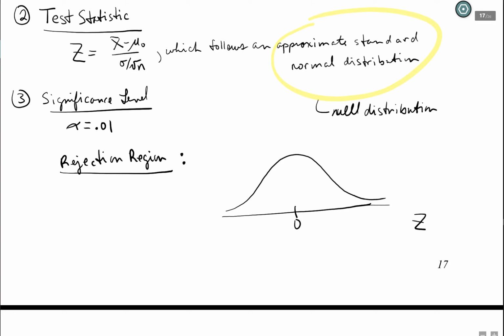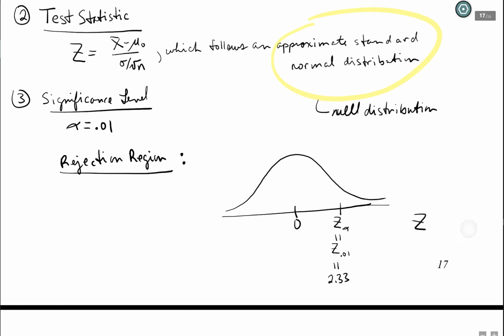Okay, so I'm going to come out here at, in general, Z sub alpha for a right tail test. If we were in a left tail test situation, we would be at negative Z sub alpha. But Z sub alpha here is Z sub 0.01. And if you look that up in your chart, that's the 99th percentile of the standard normal, which is 2.33.